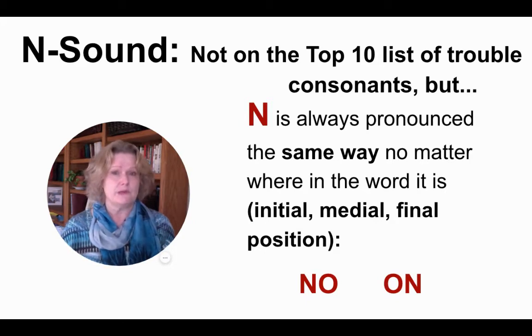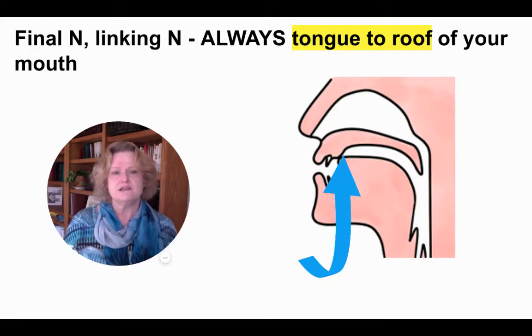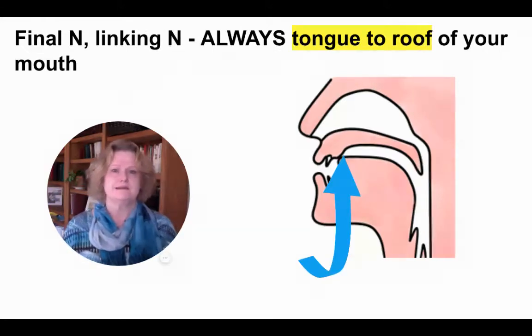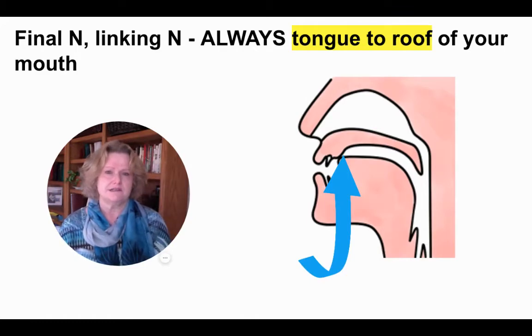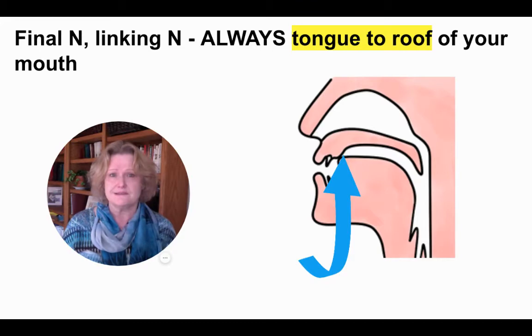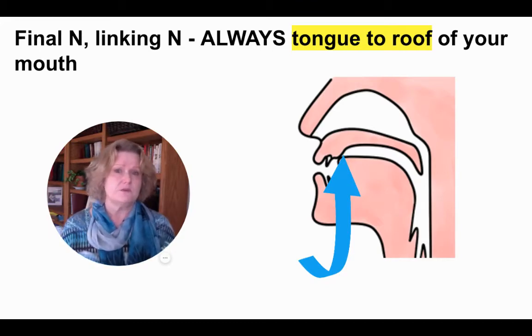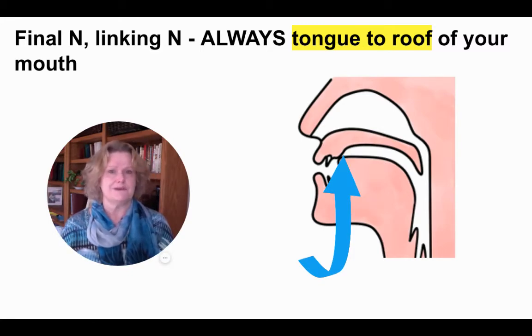And they do what we always do with N, which is to put the tongue right behind your teeth here and hold it against the ridge behind the top teeth. And it doesn't matter where in the word it is, whether it's the beginning, middle, or end. At the end of a word like on, our tongue is going to be there also.